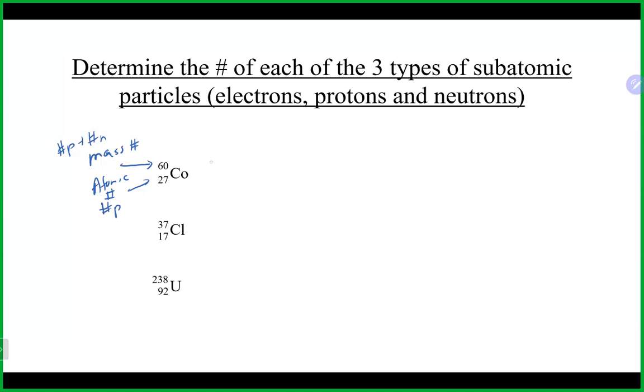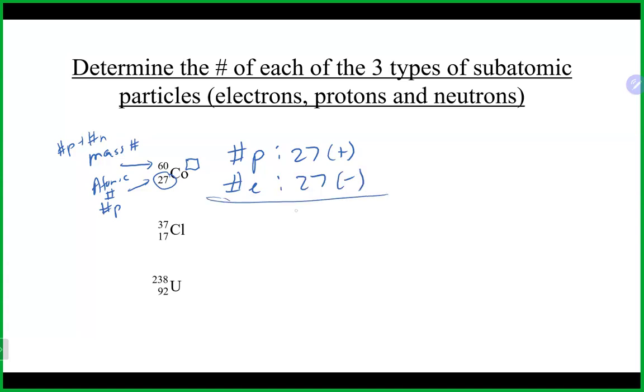In this case, we know right off the bat from the bottom number there that CO, which is cobalt, should have, in terms of protons, 27 positive guys. Here we also know it is neutral, so once again, upper right there, we would be looking for something written. Obviously, if there's nothing written, it is neutral. And that just means that we should also have an equal number of negatively charged electrons.